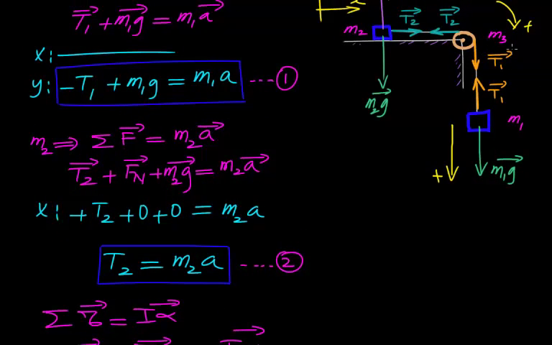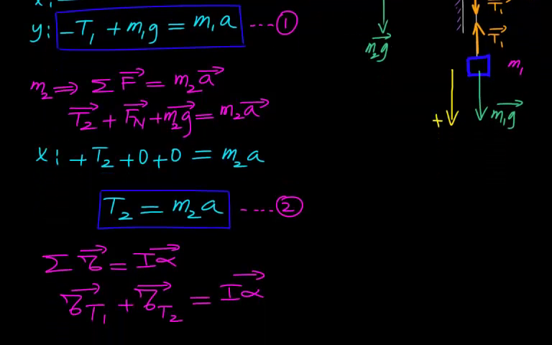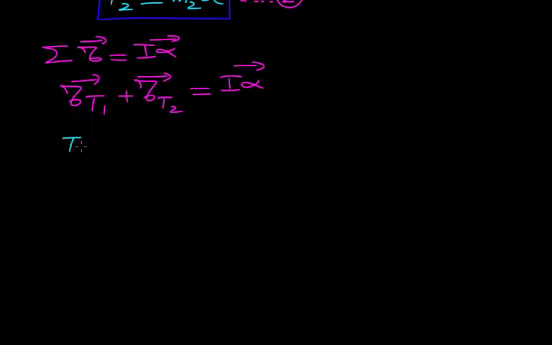Since T1 is the one that is turning clockwise, T1 will have a positive torque, and T2 is trying to turn counterclockwise, so it should have a negative torque. The other thing you need to notice is the lever arm. Anytime there is a string wrapped around a cylinder, the lever arm is the radius of the cylinder. Torque due to T1 is T1 times R, positive because it's turning clockwise.